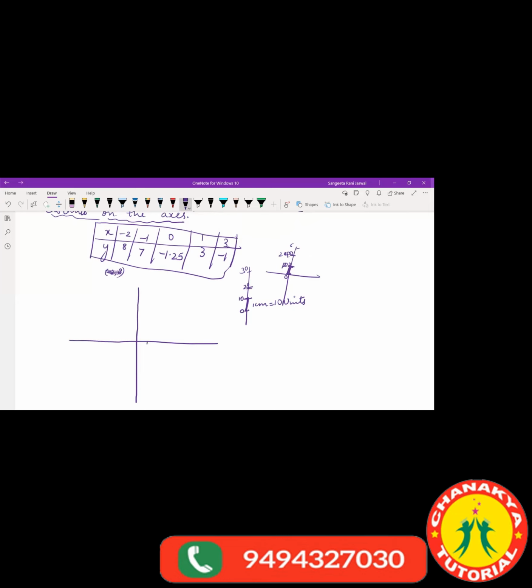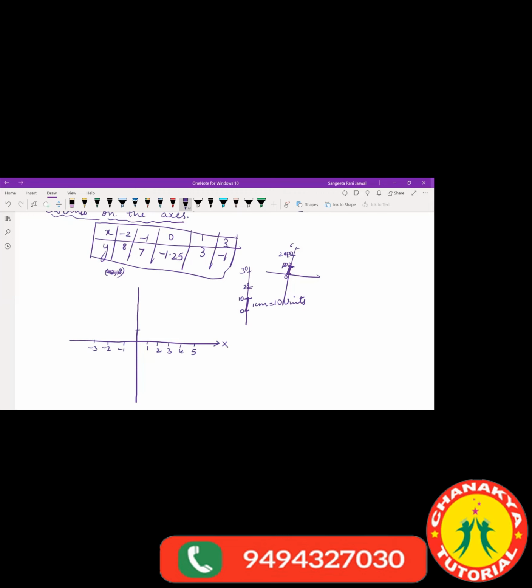Now, -2, 8 plot करने के लिए I need numbers here. 1, 2, 3, 4, 5, so on. Okay, this side also I want -1, -2, -3, so on.